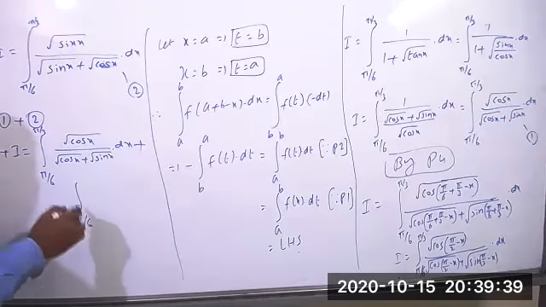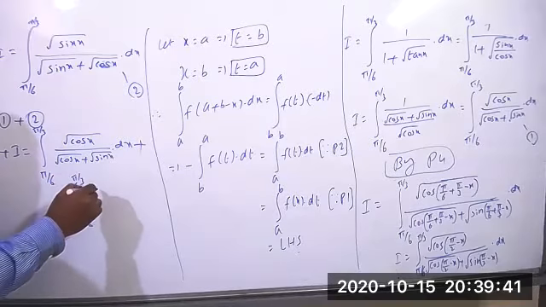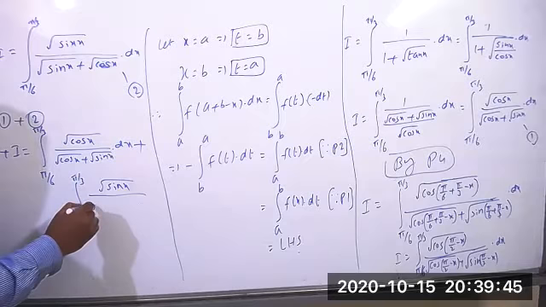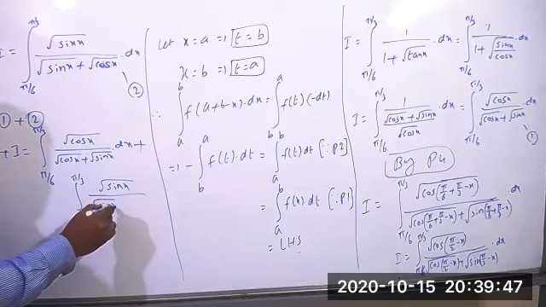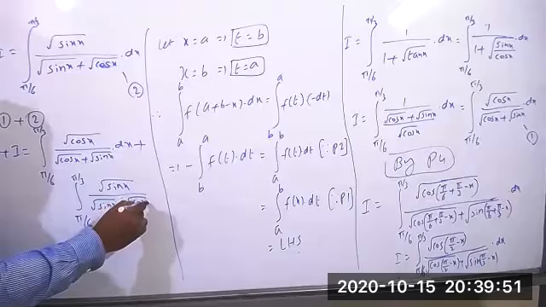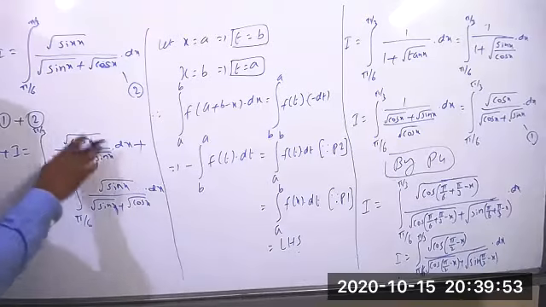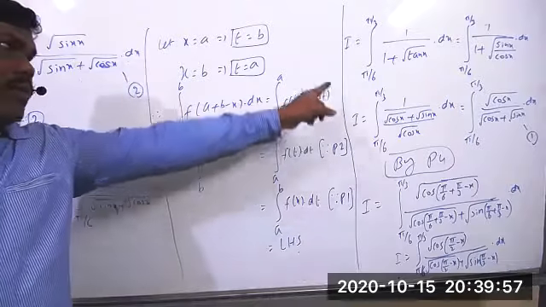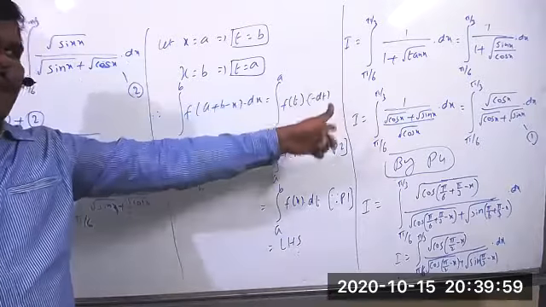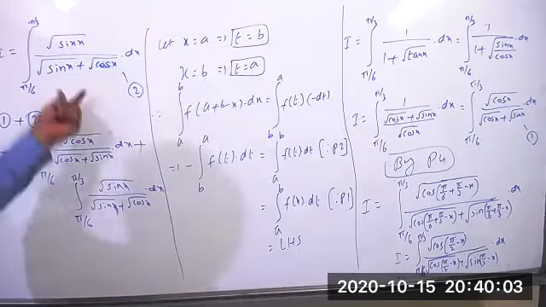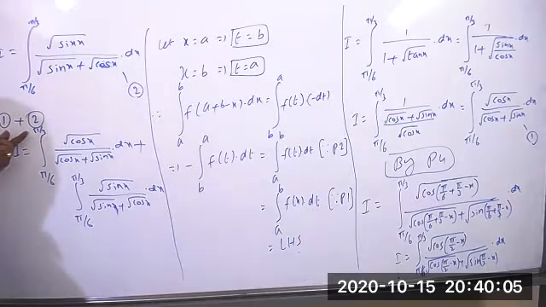Integration of pi by 6 to pi by 3 root of sin x by root of sin x plus root of cos x into dx. So just I am adding here now. Before applying the property, when a problem is given directly, we simplify it; that is equation number 1. After applying the property, we got equation 2. So 1 plus 2 means first equation and second equation we can add.